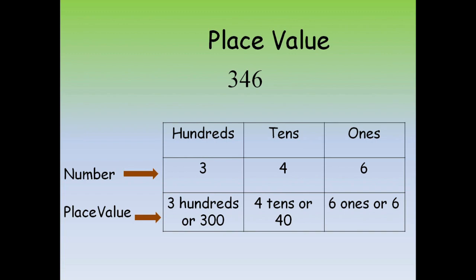As the number 4 is written under the tens column, it means there are 4 tens and so its place value is 40. And as the number 6 is written in the ones column, which means there are 6 ones and so its place value is 6.